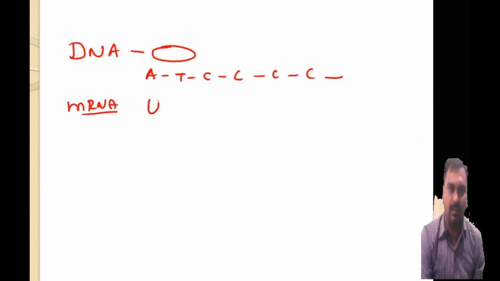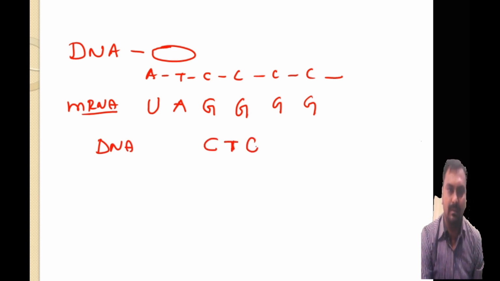A forms T, T forms A, C forms G, and G forms C. Normally in DNA the sequence is CTC, and from it GAG is produced.